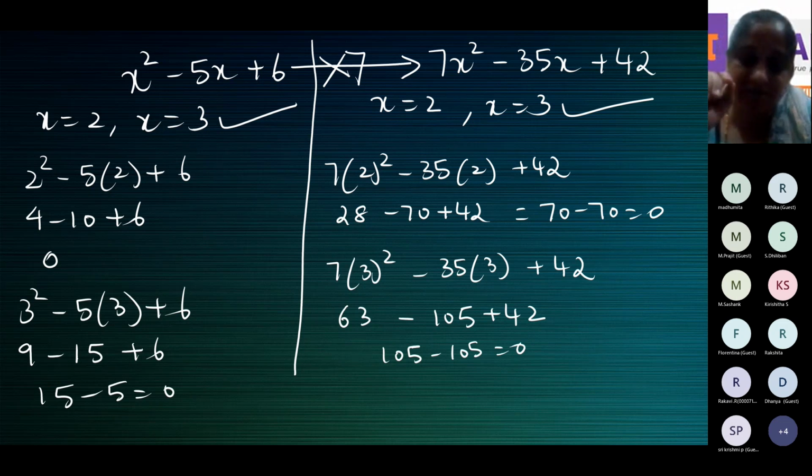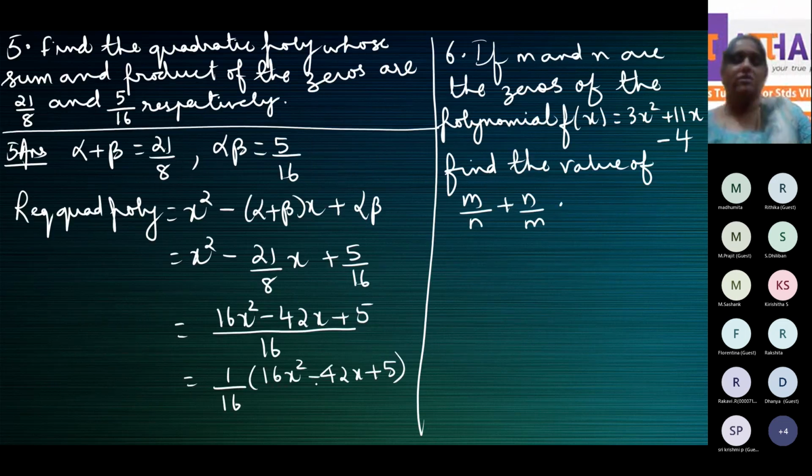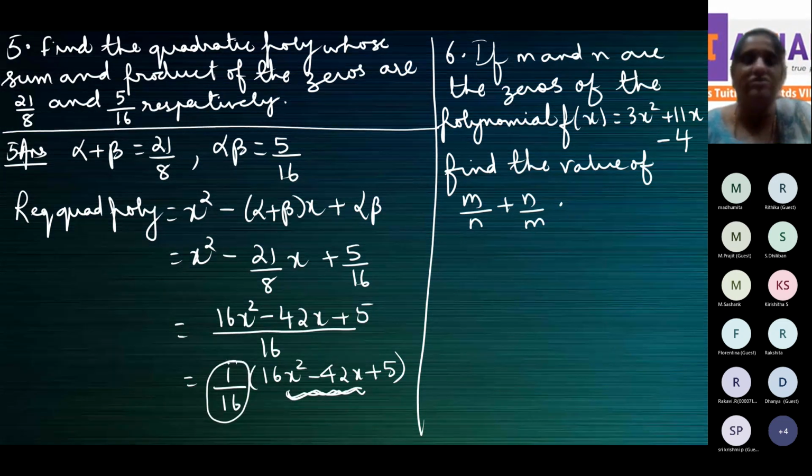This means you can say that this is the required quadratic polynomial, because this one and that into 1 by 16, both will have the same zeros. See, this is that non-zero constant.